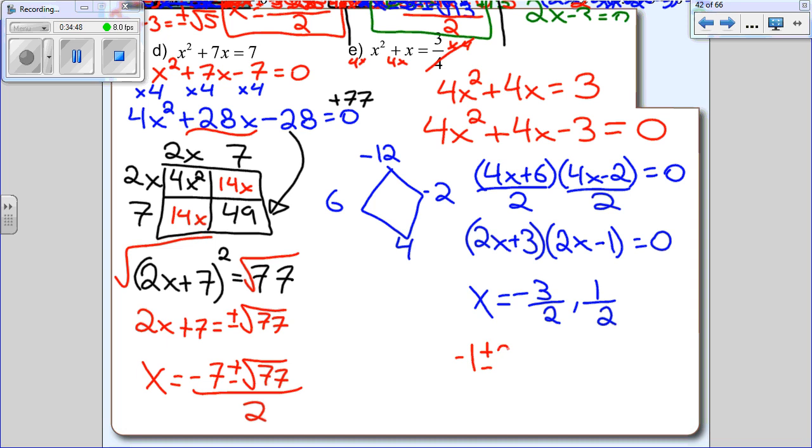So if there's no radical and there's no decimal, that means you can actually calculate what the answer is. If I go negative 1 plus 2, that's 1, divided by 2. So 1 divided by 2 is one answer. Negative 1 minus 2 is negative 3. Negative 3 divided by 2 is the other. So if there's no radical, you can actually solve both cases. Yeah, Karen?